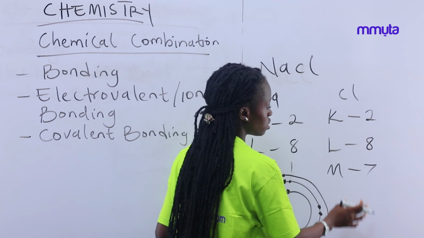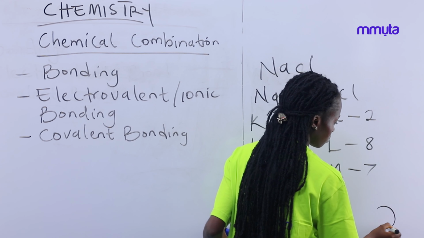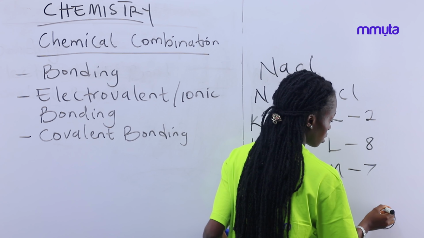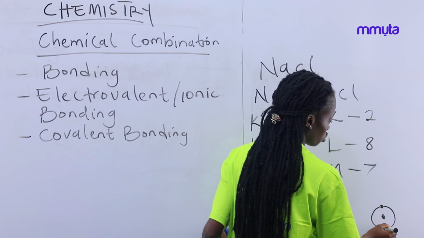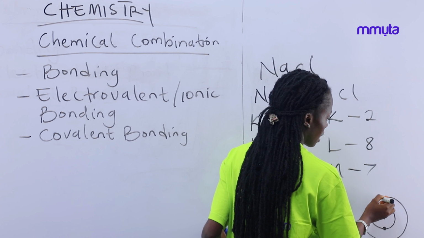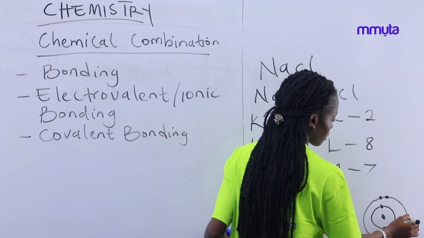Now I'm going to draw the electronic configuration of chlorine. The nucleus, the K shell housing 2 electrons. The L shell housing 8.